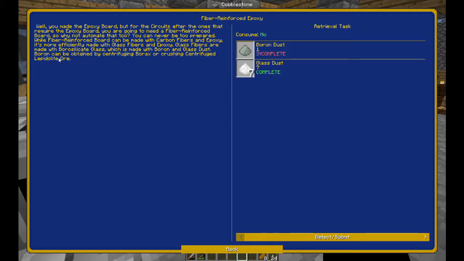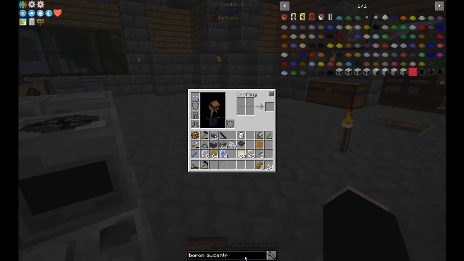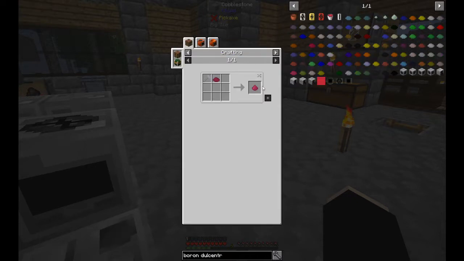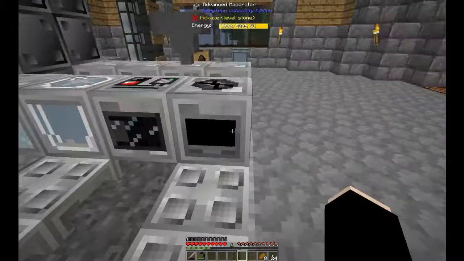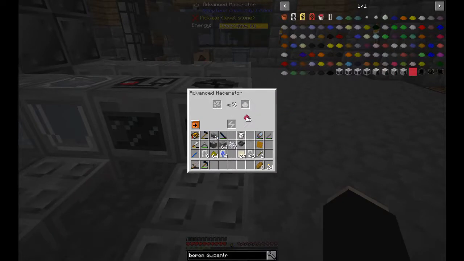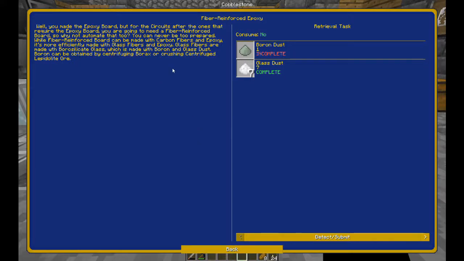Crushing centrifuge lepidolite ore, secondary output only with a 10% chance. But there's no secondary output even on the MV version of this machine. So that's really pointless. But I will complain about that in Discord.